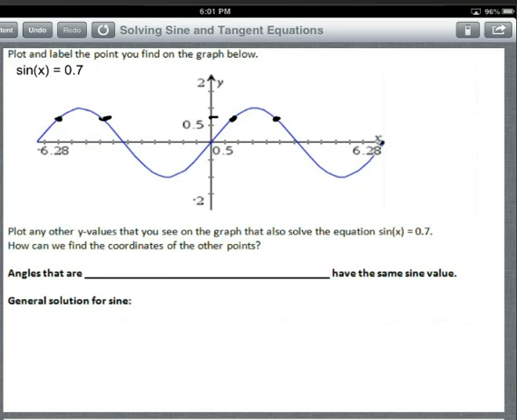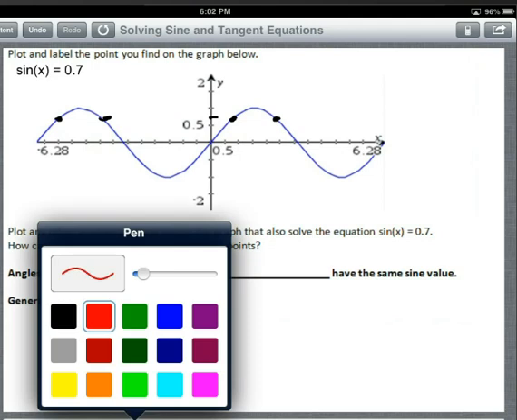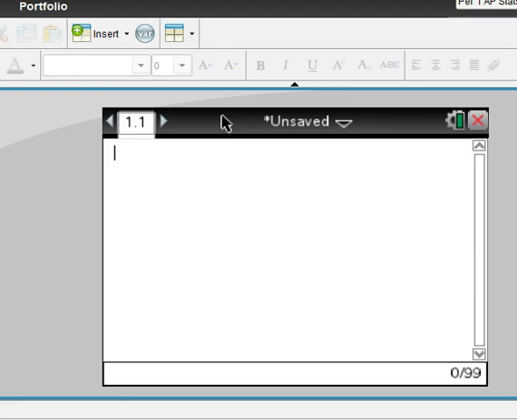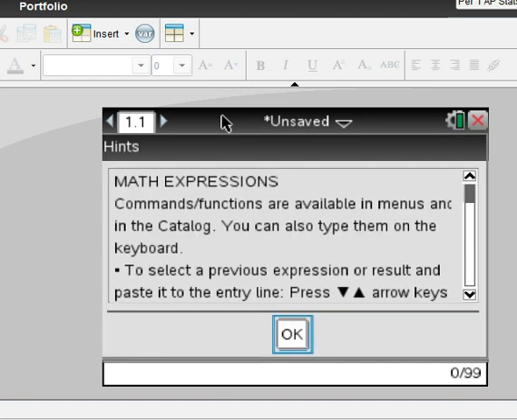Now the principal angle, I'll mark that one in red, would be that one, because it's the one closest to 0. So that's the one we're going to get on the calculator. Let's stop for a moment and see what we get. On the calculator, I'm going to go to trig.